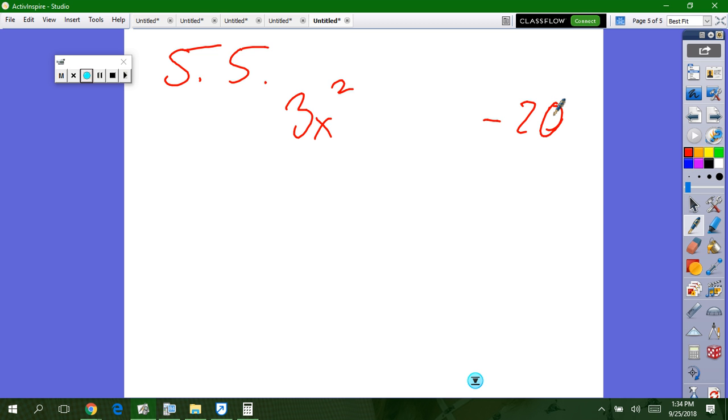I'm thinking. I have a brain right now. It's really hard. Got it. Nope, that is not it. 28. Make it a 28x. There we go. Okay. This is legit. That is what it is.